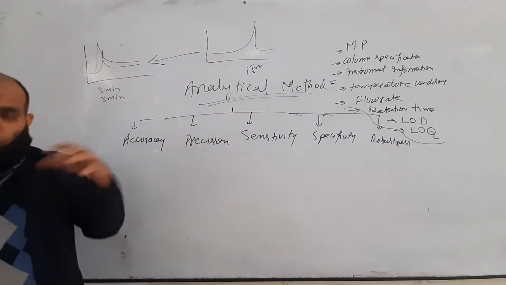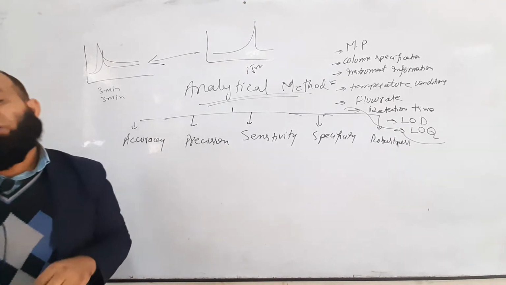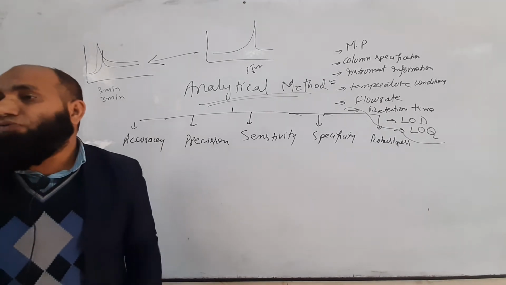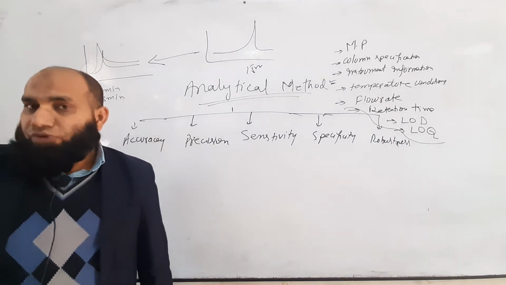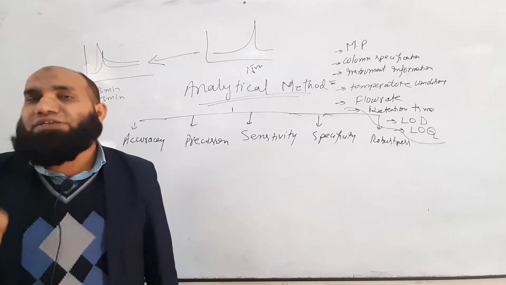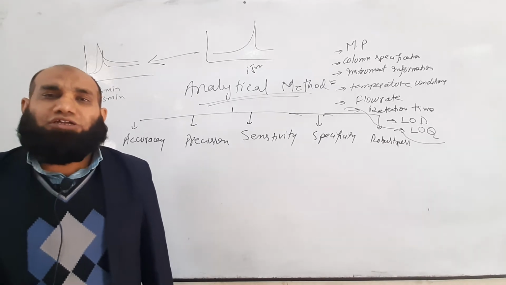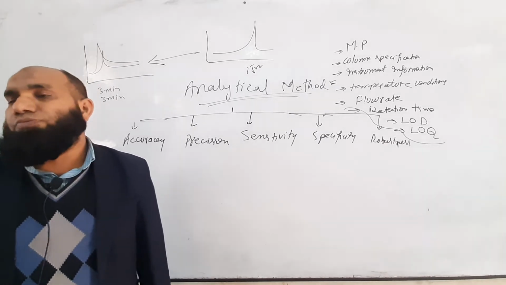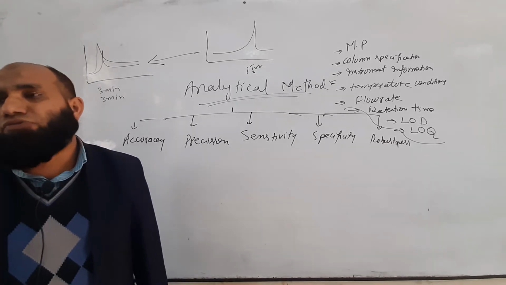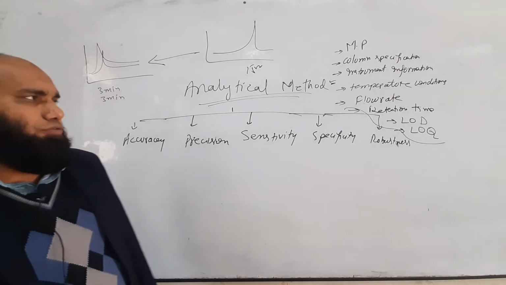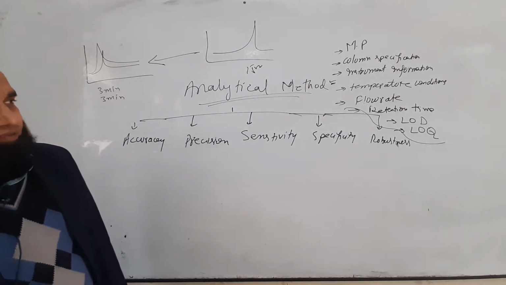So what we are learning today is at what time we have to make some changes in the analytical method. Analytical methods are present in the literature, but we have to make some modifications according to our ease and our available facilities.